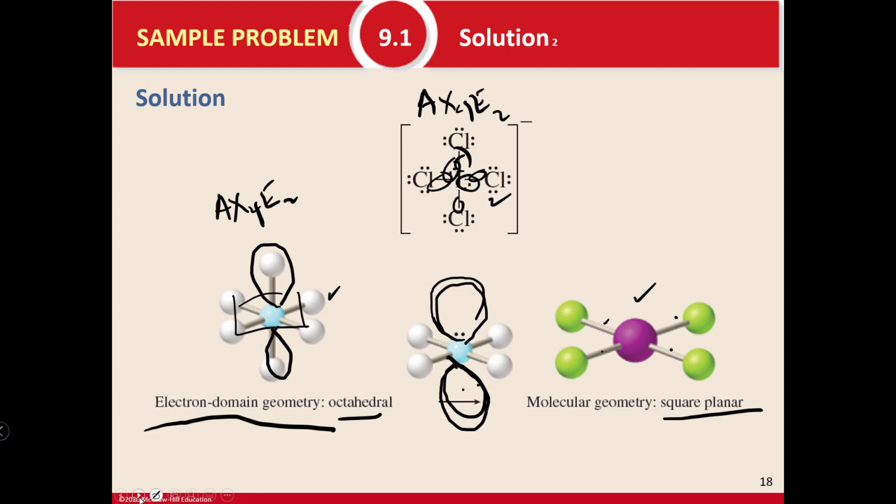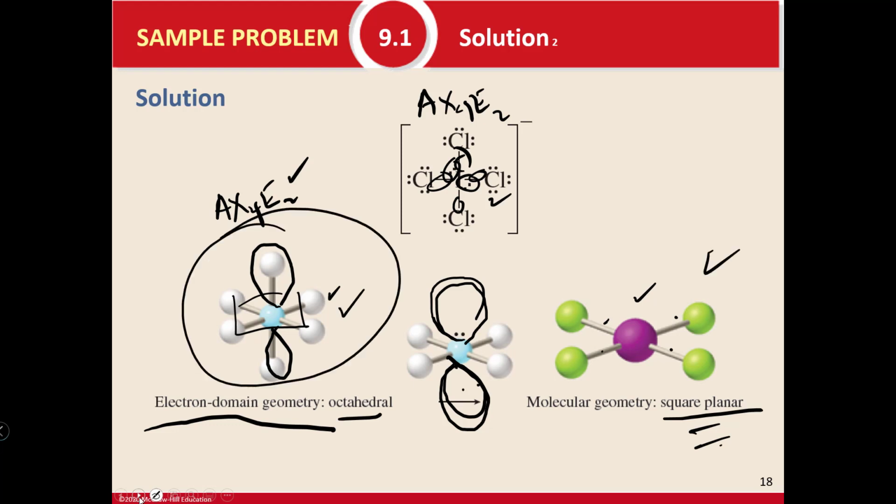They need to be as far away from each other as possible, the non-bonding pairs, and we end up with a molecular geometry of square planar. So what I think you should memorize that helps is memorize the classification and know what that shape looks like, as far as electron domain goes and what molecular geometry looks like.